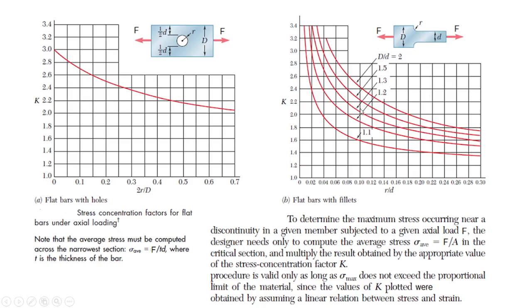The other effective parameter is the ratio between the cross sections: the size of the greater cross section that precedes the fillet, divided by the size of the smaller portion that follows the fillet. Between the smaller part and the larger one, we have a rounded interior edge, which is called a fillet.